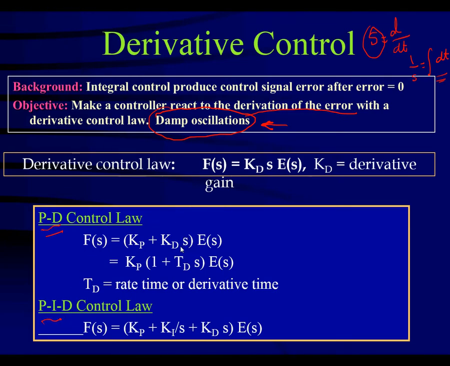So you have the proportional constant, you have the derivative controlling here, or you could have this one, proportional, integral, and derivative control. All of this proportional to the error signal.